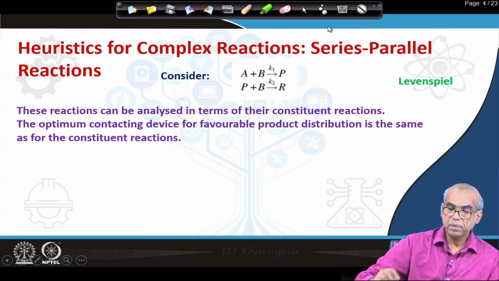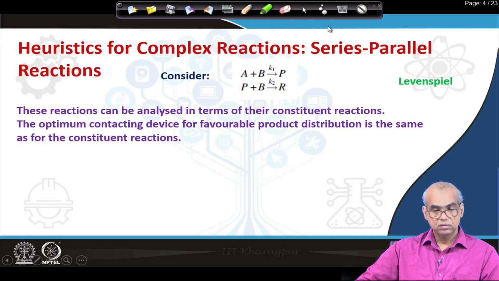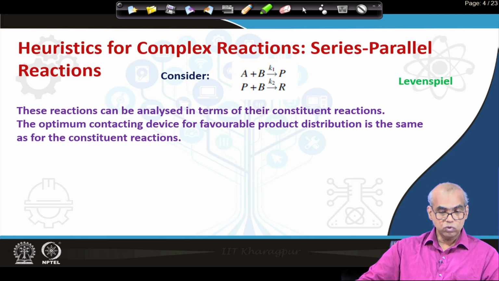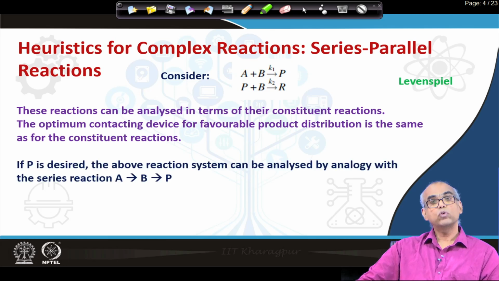So, considering A plus B to P, I can find out what will be the optimum contacting devices if my desired product is P. So, if P is desired, the above reaction system can be analyzed by analogy with the series reaction A to B to P, and you have seen that for such a scenario, plug flow reactor is better.